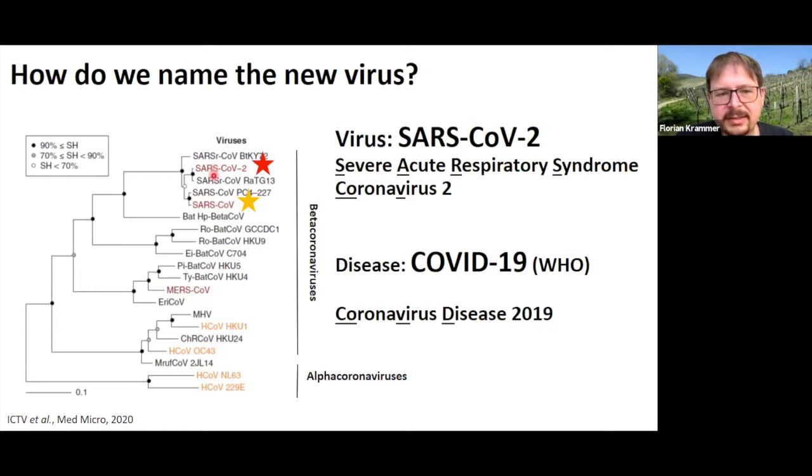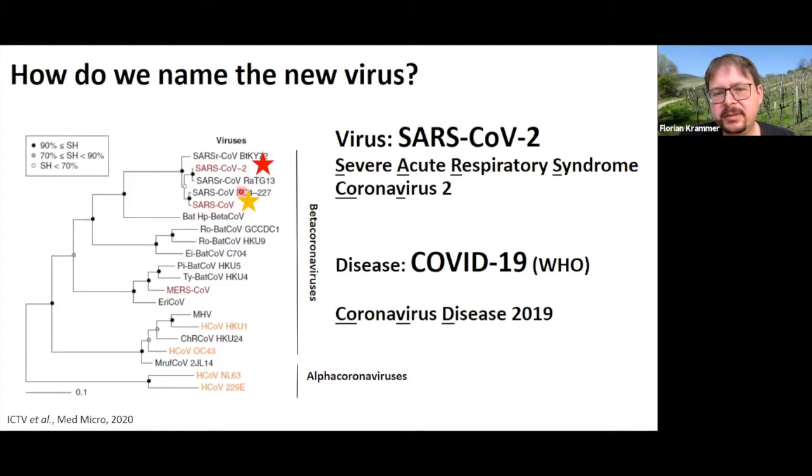And so it's easy to figure out what the relatives of the new virus were. And you can see here the red star is the new virus, and the yellow star here is our old SARS coronavirus 1 from 2003.